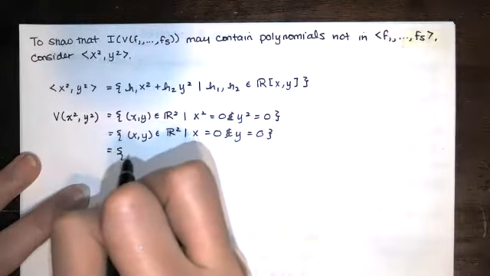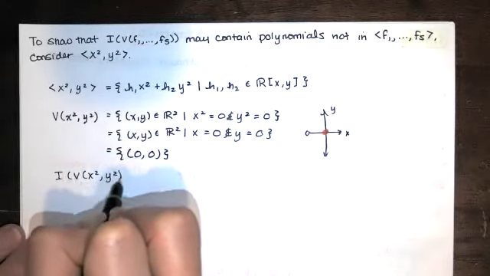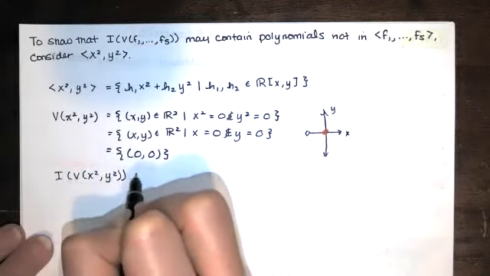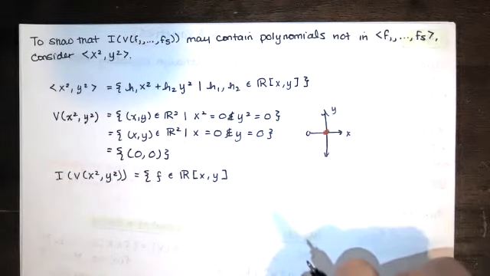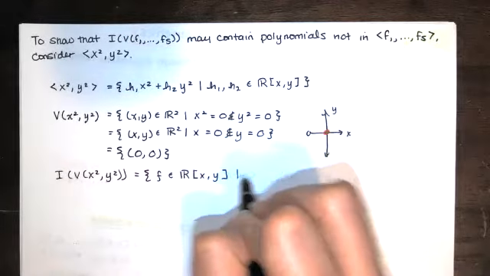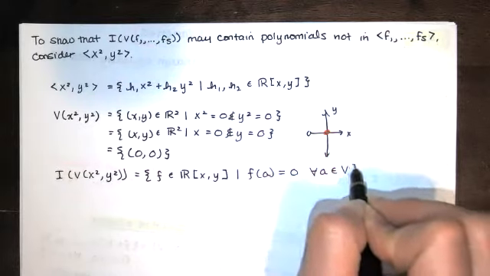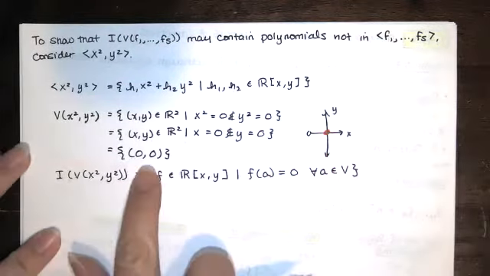Now, if I look at the ideal of the variety, remember what this is. This is the set of all polynomial functions in our ring of polynomials with coefficients in the reals in variables x and y, such that f of a is equal to 0 for all a in V. But all a in V is a single point.